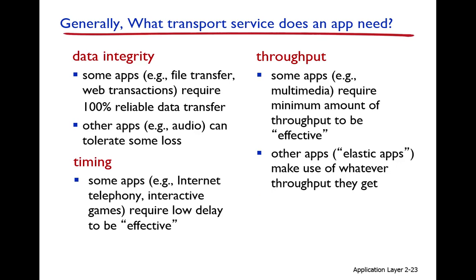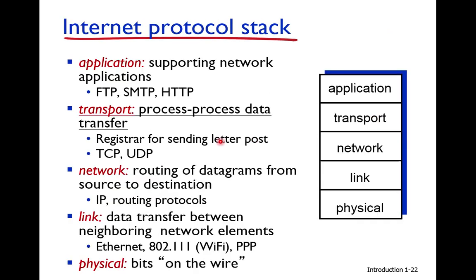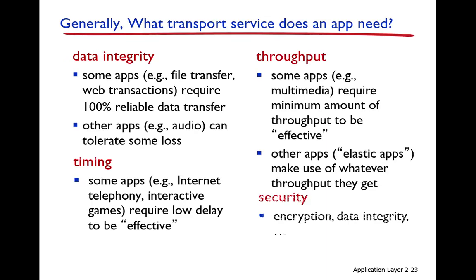As I have discussed, the application interacts with the users. When it gets the data, it delivers it to the transport layer. It is the functionality of the transport layer to move the data from one application to another. These may be the requirements from the application point of view.